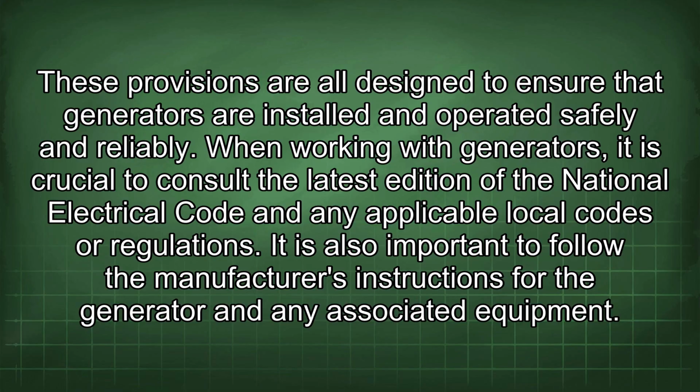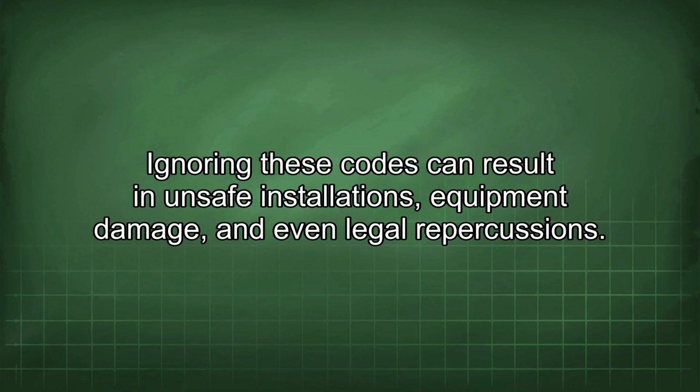When working with generators, it is crucial to consult the latest edition of the National Electrical Code and any applicable local codes or regulations. It is also important to follow the manufacturer's instructions for the generator and any associated equipment. Ignoring these codes can result in unsafe installations, equipment damage, and even legal repercussions.